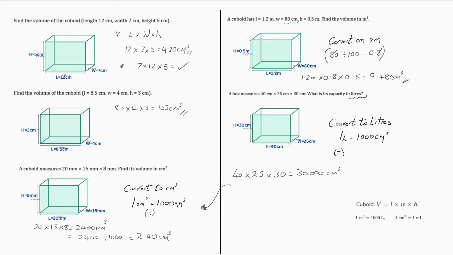Same sort of process. So now we're going to divide our 30,000 by 1,000, which will give us 30 litres. Well, it comes out like that, but your answer just is 30 litres.